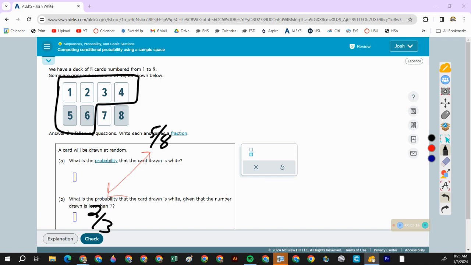Do they depend on each other? So in this case, is the probability of drawing a white the same as the probability of drawing a white if you look at numbers less than 7? Yeah, they're different. They're totally different. Sometimes that's not the case. And that's going to be the next lesson. We're going to talk about independence and dependence. So you don't have to worry about that today.